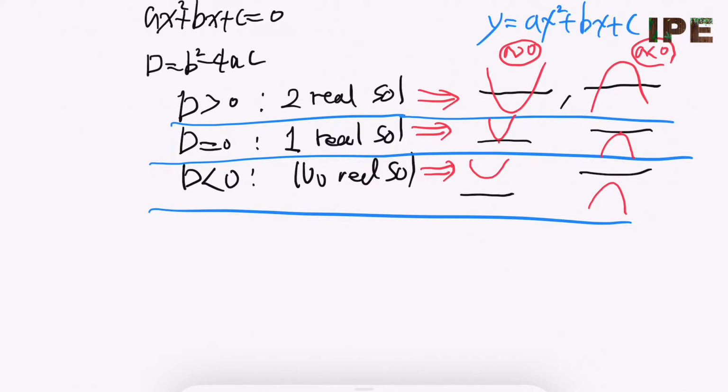And another thing you have to understand to solve some quadratic function problems: the most important part of the function graph is the vertex point. How can you find the vertex point? Number one, if the general form is given, like ax squared plus bx plus c, the vertex point's x coordinate is always negative b over 2a.